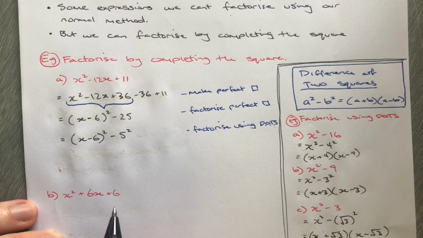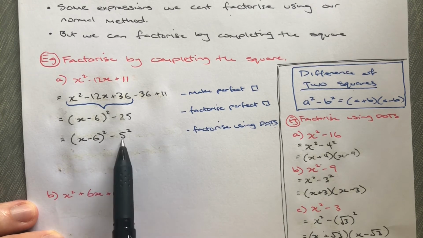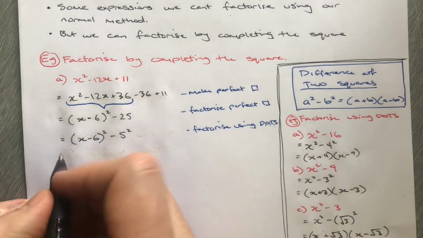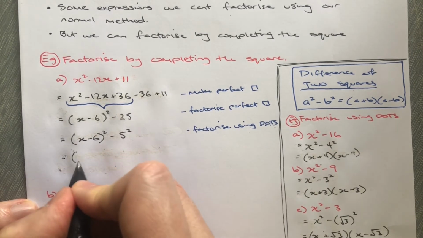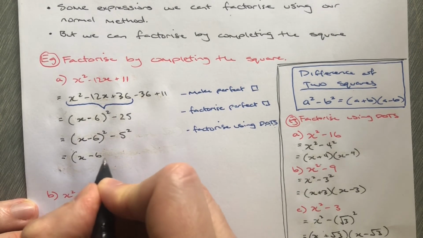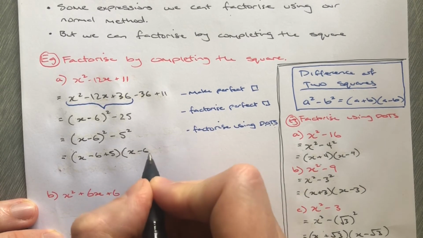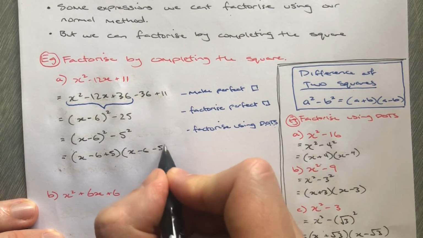Okay, so do we see how we've got something squared minus something else squared? So we can use that rule. Here's our A and here's our B. So it's going to be x minus 6 plus 5 and x minus 6 minus 5.